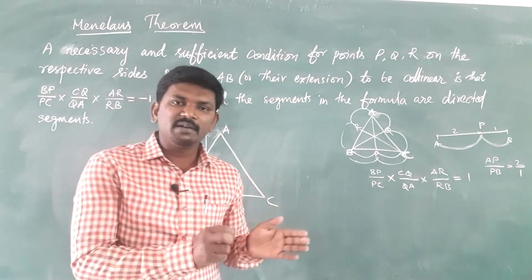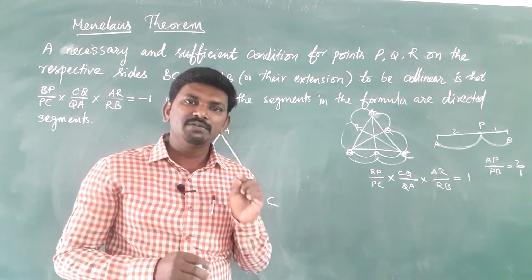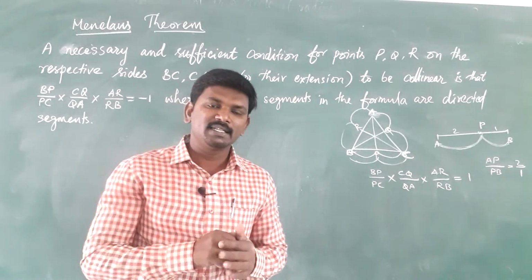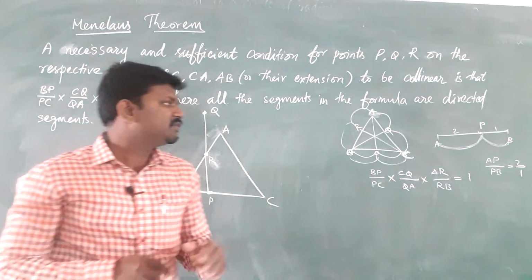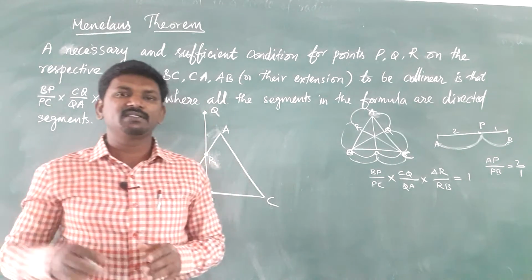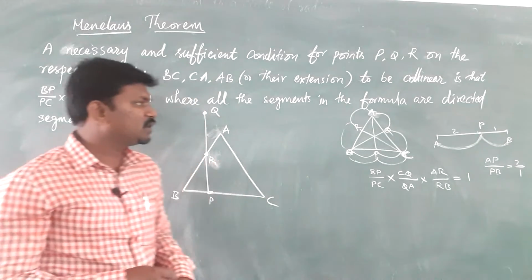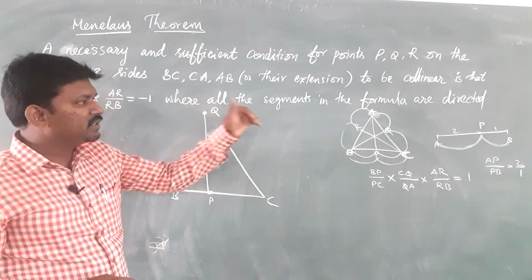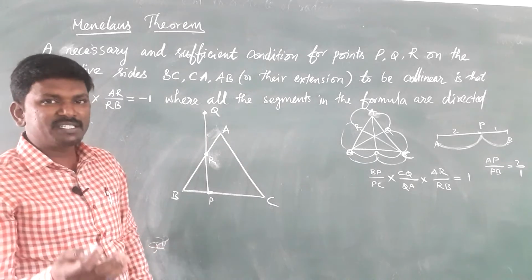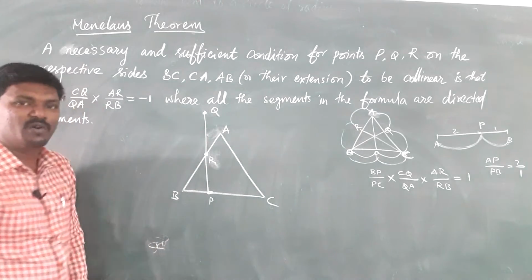If P divides the line internally, we use the plus formula. If P divides externally, we use the minus formula, because it comes in negative. If it divides externally, we take the opposite direction, so we use negative.